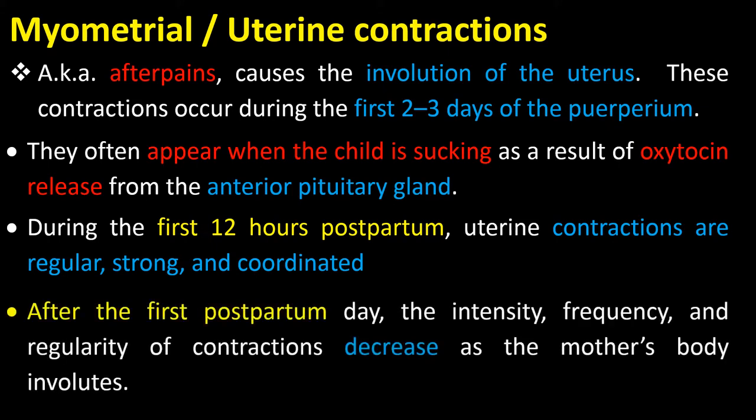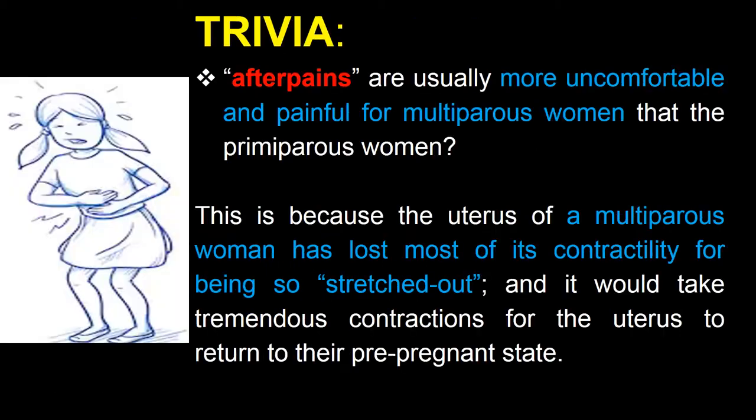However, after the first day of postpartum, the intensity and the frequency, kung gaano siya kadalas or gaano siya kalakas, and the regularity of contractions will also decrease as the mother's body starts to involute. So since lumiliit na po yung uterus ng nanay, there is no more reason for the uterus to have a regular, strong, coordinated contraction. So as time passes by, nawawala din po yung myometrial and uterine contractions. You have to remember that.